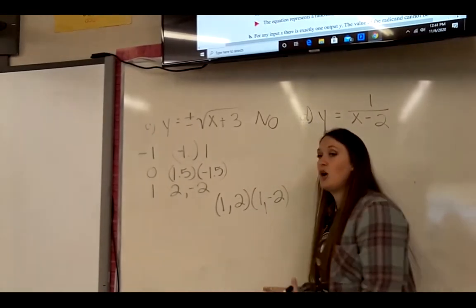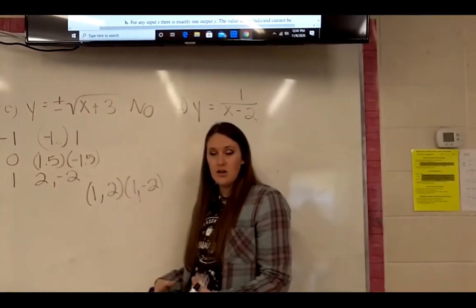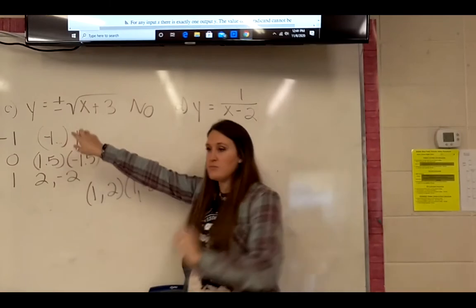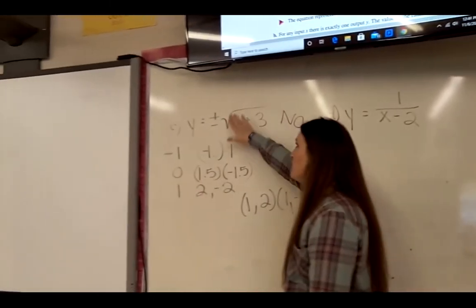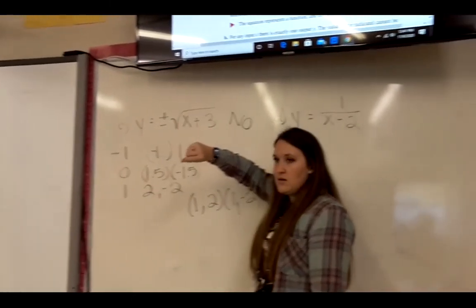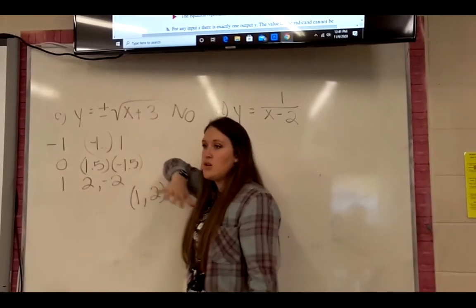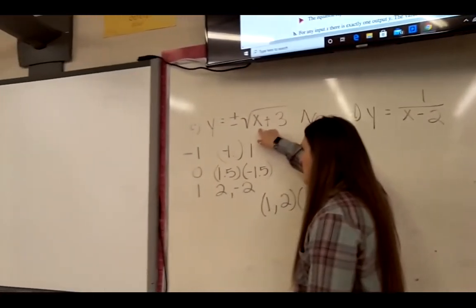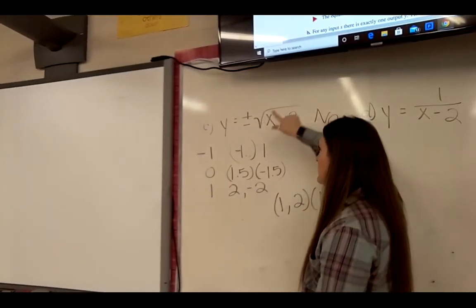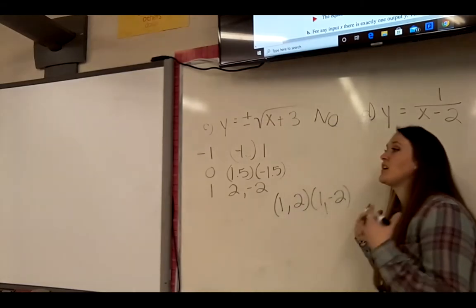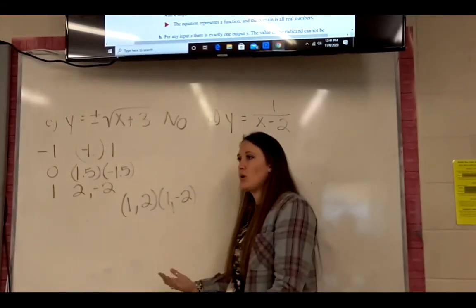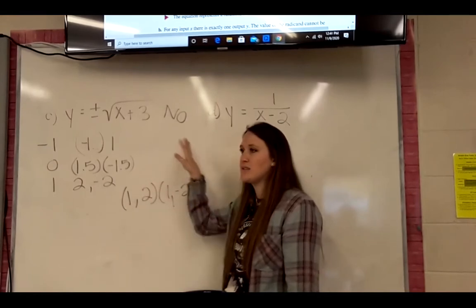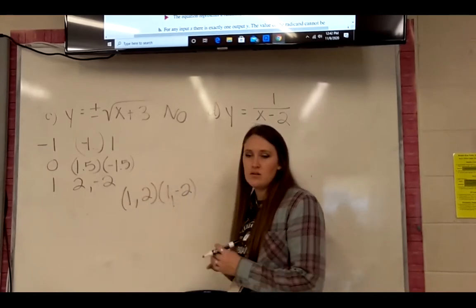Now, we still have to go back and state the domain though. This one's kind of similar to the last one. We just can't take the square root of what? Of negatives. So what number would I have to plug in for x to make it negative in here? Or you think about getting it equal to 0. What would you have to plug in for x to make that equal 0 in there?